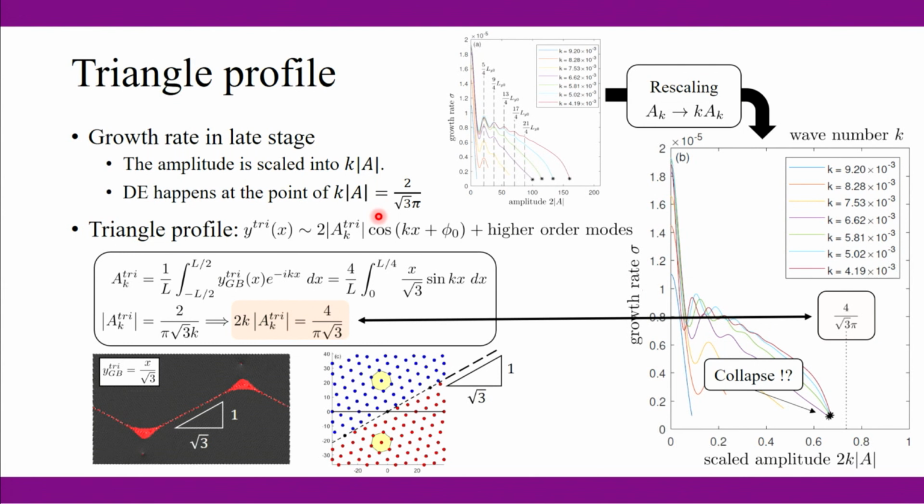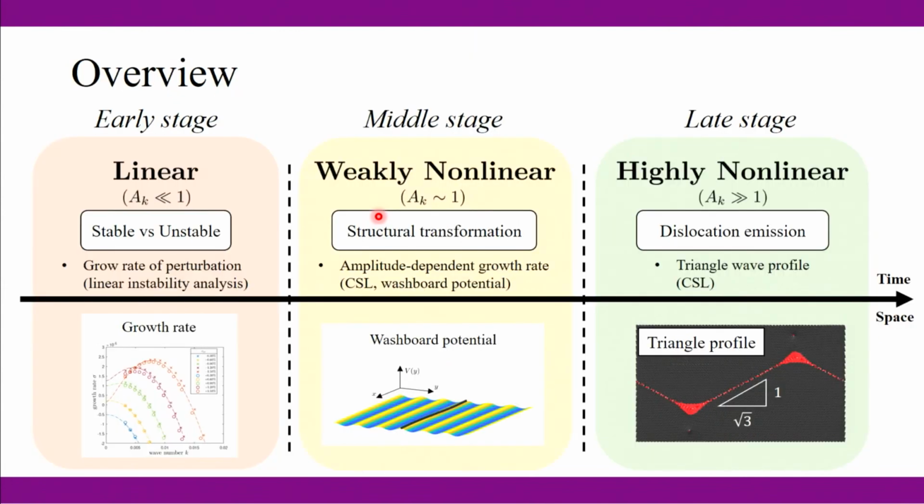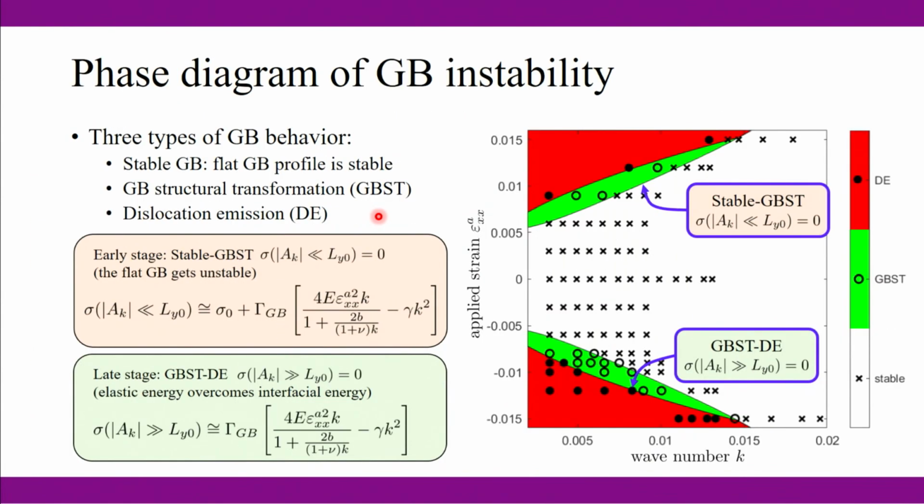Okay, so in the following, we have a theory for that, and we also have a PFC simulation. We have 3 different regimes for this grain boundary instability. One is for smaller strain, where there should be nothing happening. For a larger strain, we start to see a grain boundary structure transformation.